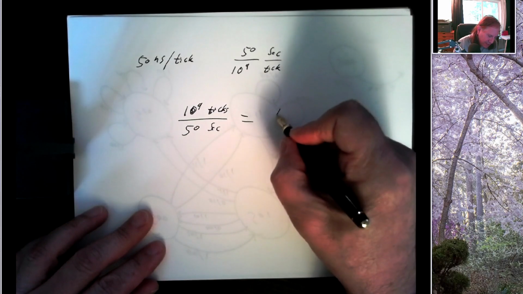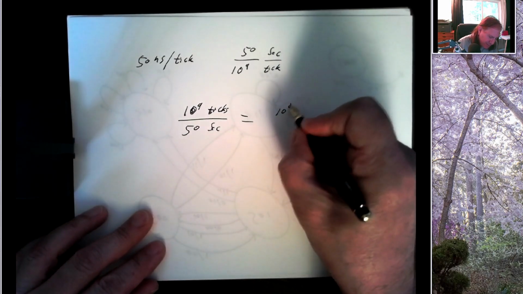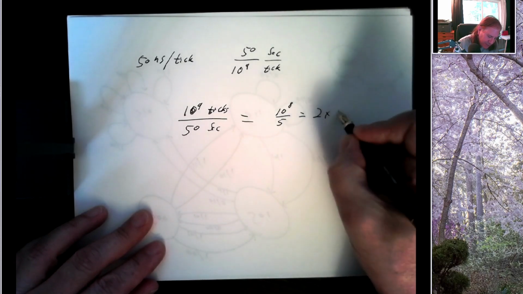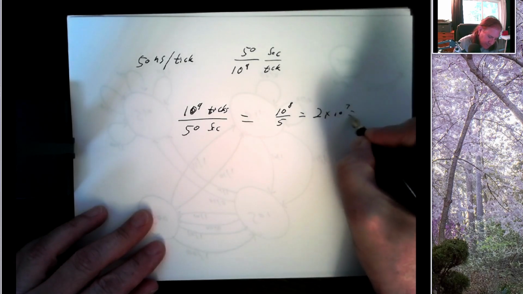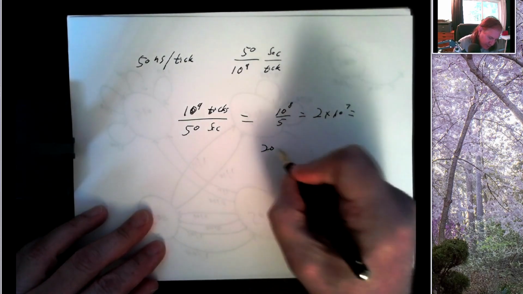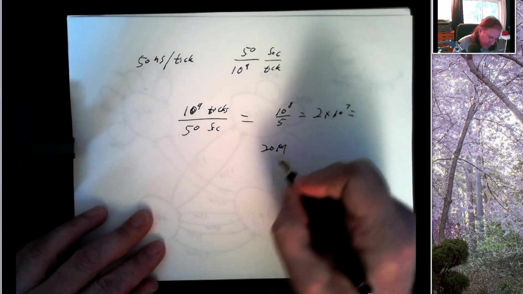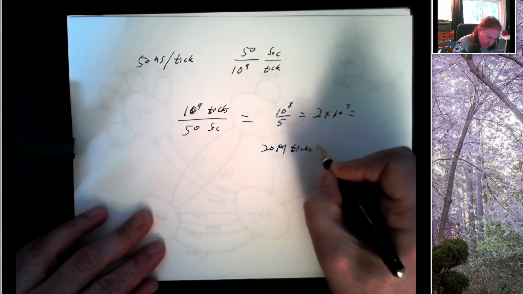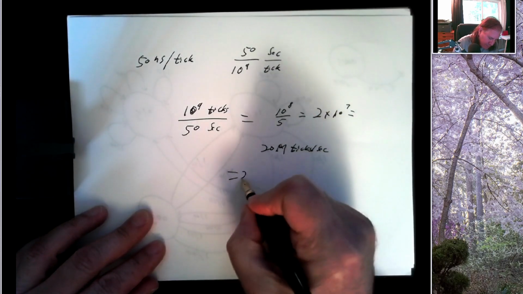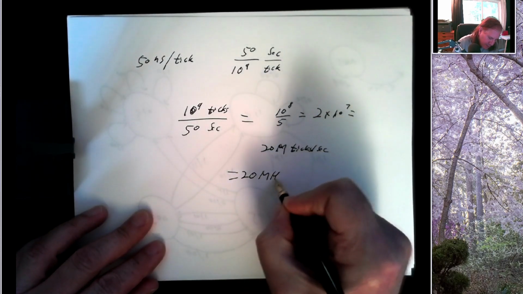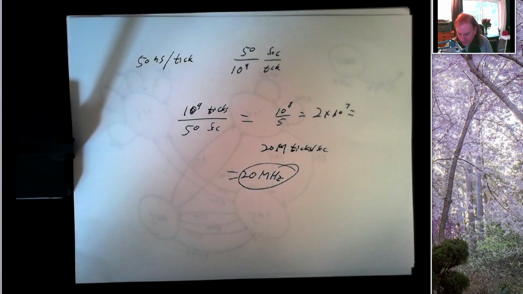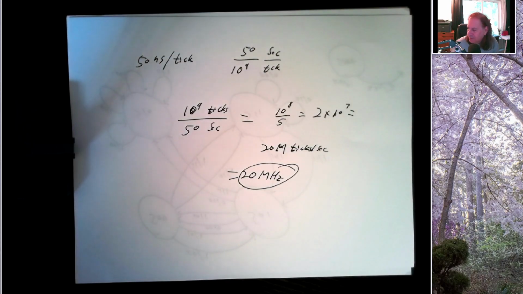So what's 10 to the 9th divided by 50? That's 10 to the 8th divided by 5, which is 2 times 10 to the 7th, which is 20 million ticks per second, which is 20 megahertz. So maximum clock speed for this circuit, 20 megahertz.